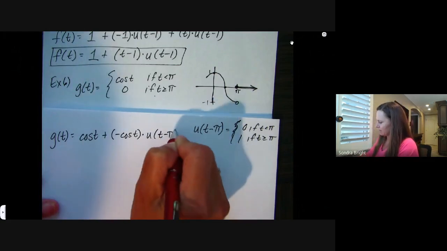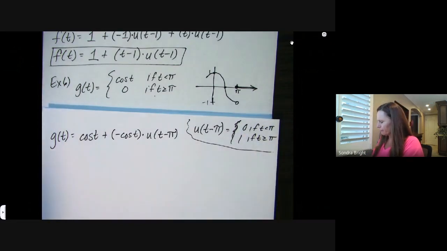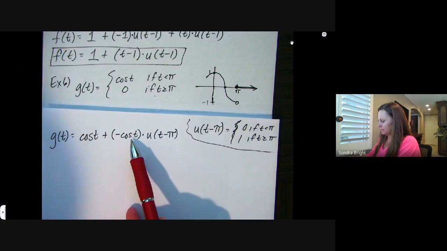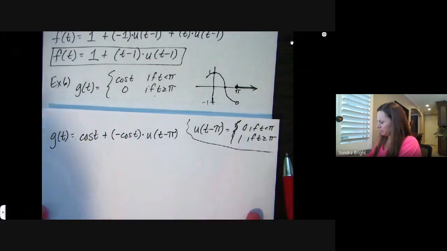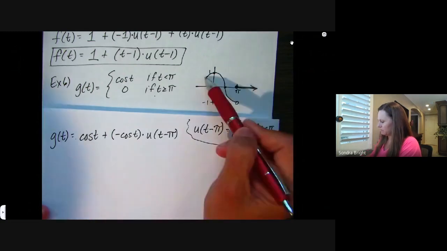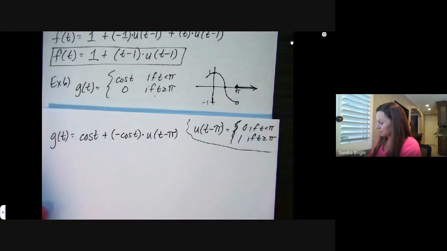Hopefully seeing that helps, right? So you start off with a cosine, you need to undo this cosine so that you end up with, because before it's cosine and then after it's 0. Anyway, hopefully that makes sense.